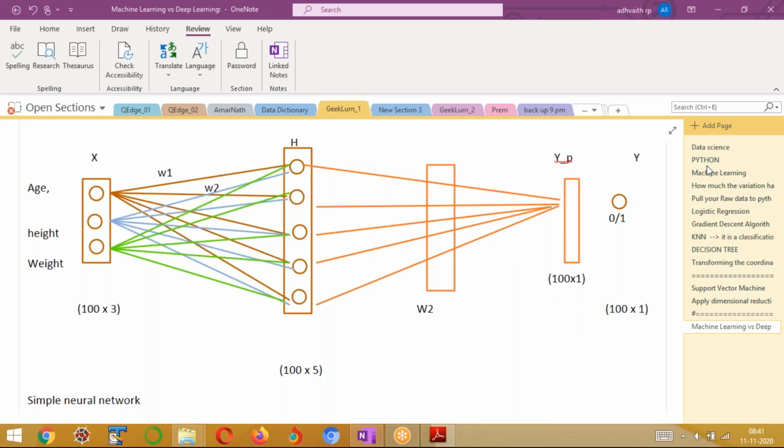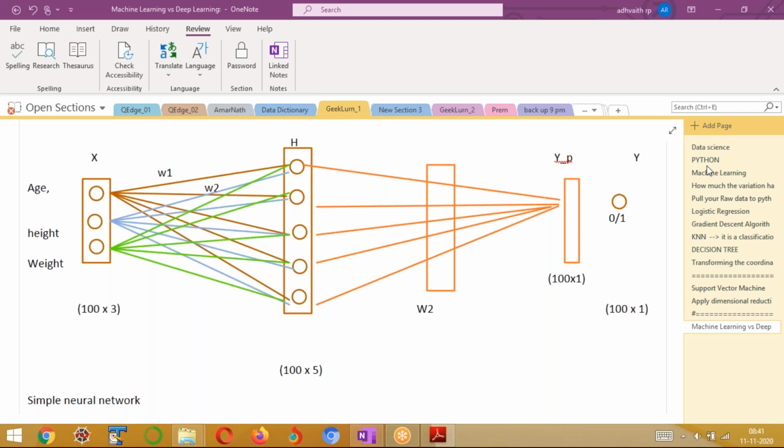Understanding what I'm talking about? Which algorithm are you supposed to apply? Gradient descent algorithm. You are already aware of what gradient descent is. If you have forgotten, sorry, go through my last video classes, what we have done.